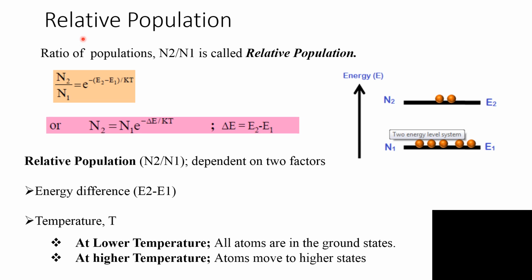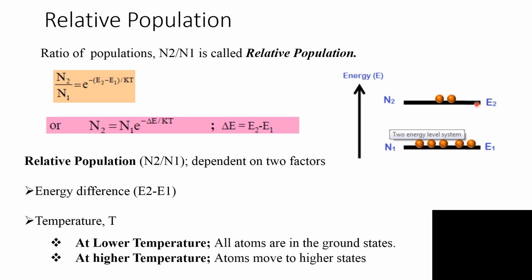Here we have relative population. What does relative population mean? The ratio of population N2 over N1 is called relative population. By relative population, we tell about the population of any energy level with respect to another energy level. Let's suppose we have a two energy level system. This is energy level E1 and this is energy level E2.